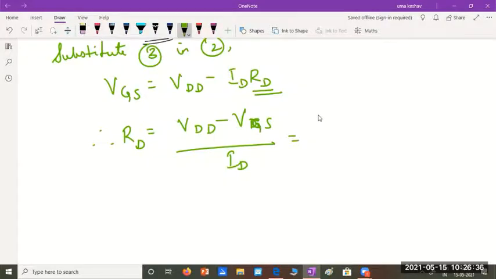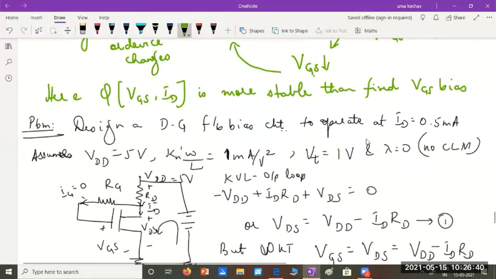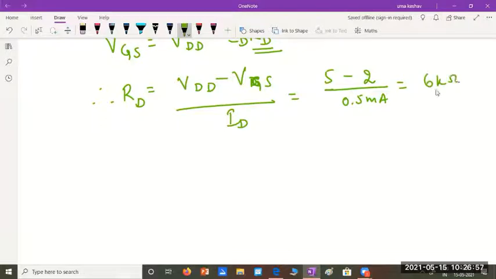What was the value of VDD? 5 volts. VDD was given as 5 volts. VGS we got as 2 volts. ID is 0.5 milliamps. How much would this be? 3 by 0.5, is that right? Yeah, 6 kilo ohms.